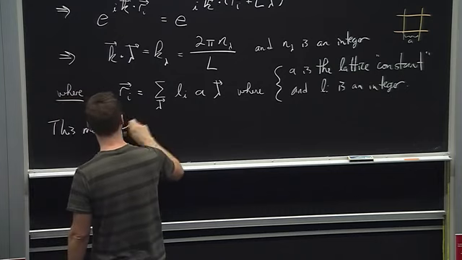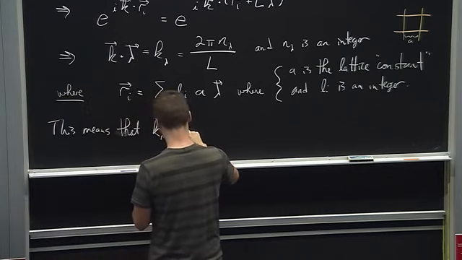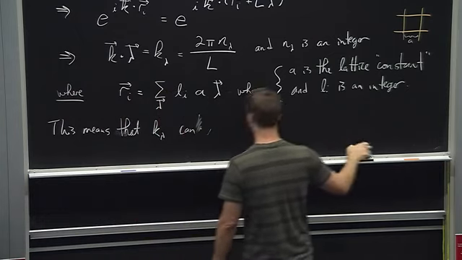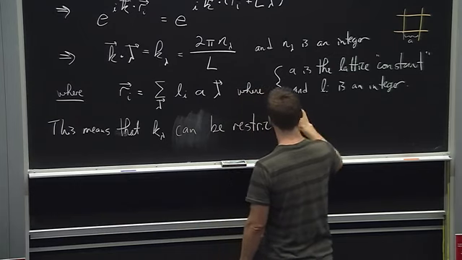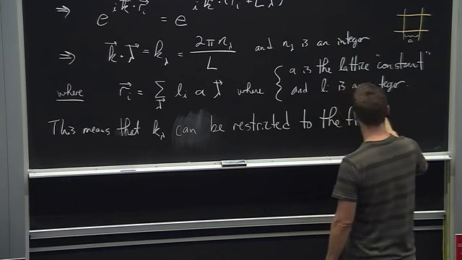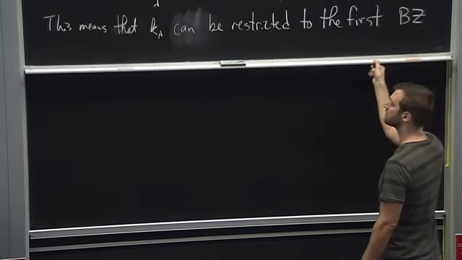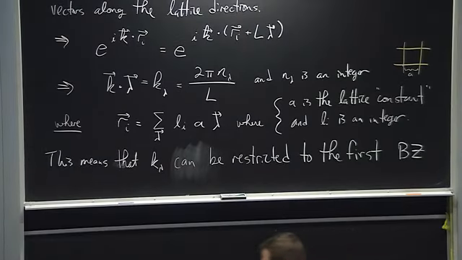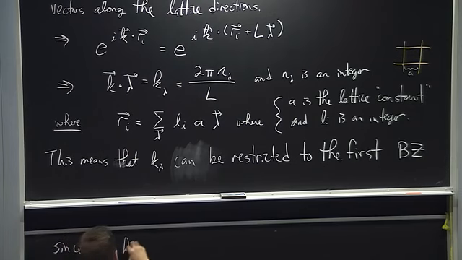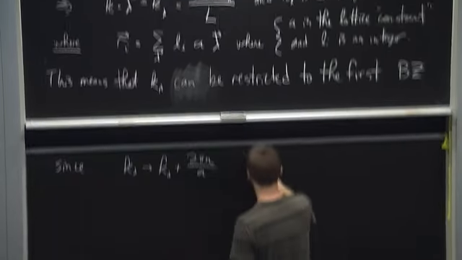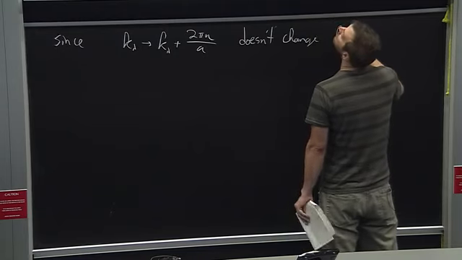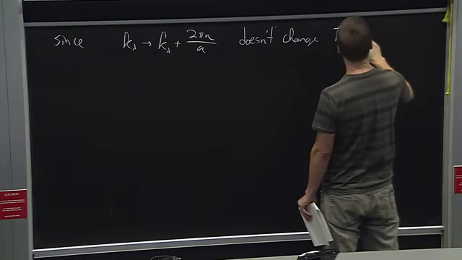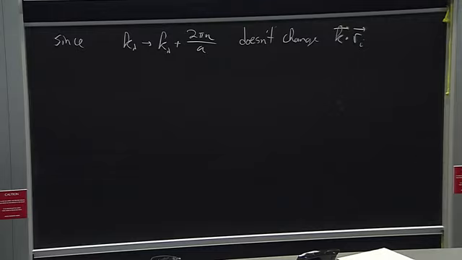So it means that, since K lambda plus 2 pi n over A doesn't change K dot R. I don't know, maybe there's an easier way to say that.